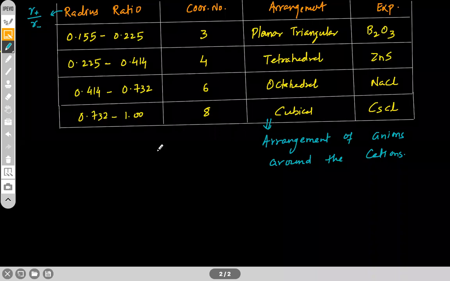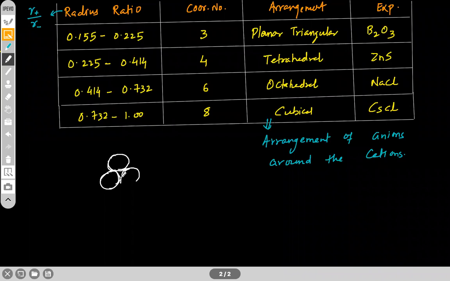Like we have this triangular planar arrangement, means the arrangement is what? If I tell you the first one, the three ions are arranged this way. This is suppose one of the ions we have, this is another ion, and this is another one. So all these three ions are the arrangement of anions around the cations.